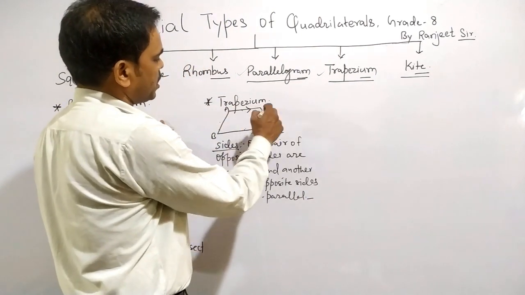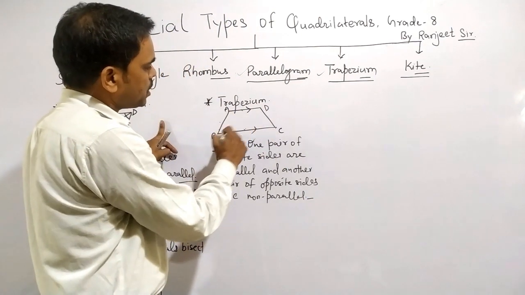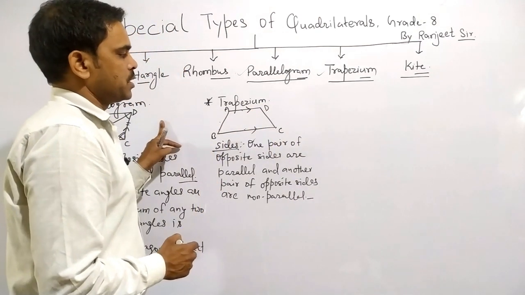It means that AD will be parallel to BC, but AB will not be parallel to CD.